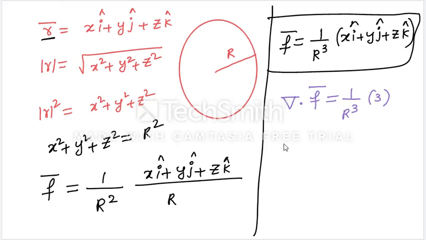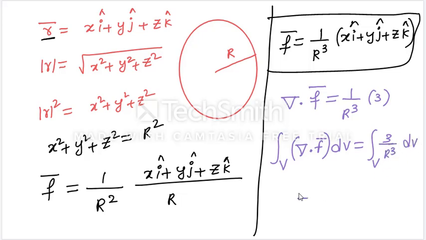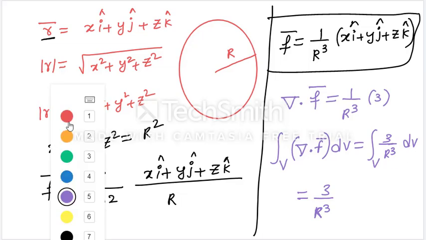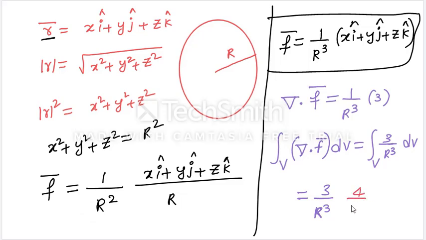Volume integration of divergence of F into dv, which is the volume integration of 3 by r cube into dv. 3 by r cube is a constant. The integral of dv is the volume of the sphere. How much is it? 4 by 3 pi r cube.